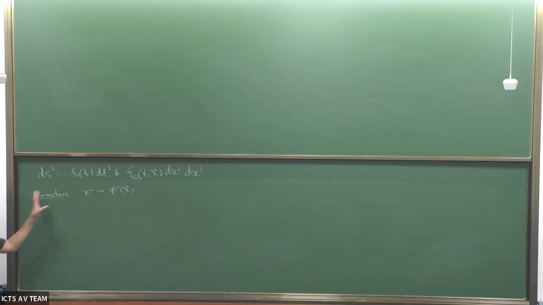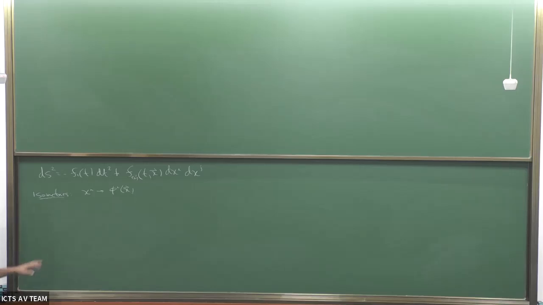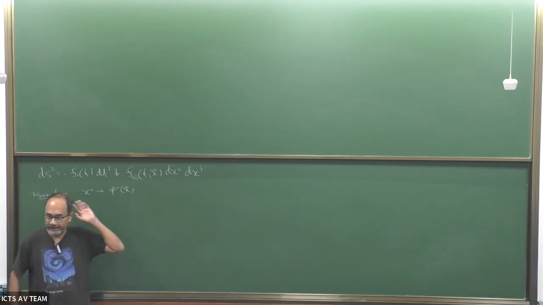Okay, so let me start with this. We will try to fix the form of the various functions by using what we know about maximally symmetric spaces in 3 dimensions. We saw that it is true, because this 3-dimensional metric has 6 isometries.